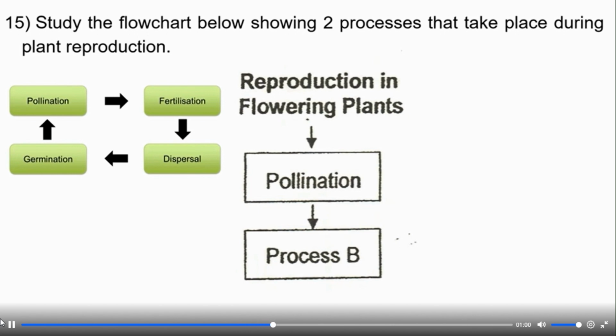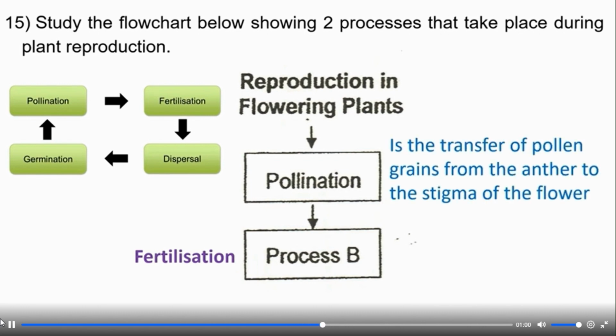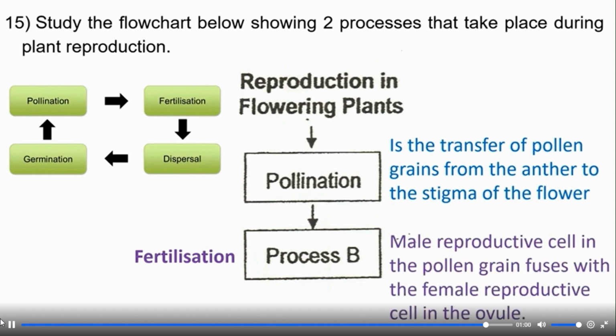The next process will be fertilization. During pollination, it is the transfer of pollen grains from the anther to the stigma of the flower. Pollen grain will grow a pollen tube down to the ovary and then to the ovule, where the male reproductive cell in the pollen grain fuses with the female reproductive cell in the ovule. So this is the process of fertilization.